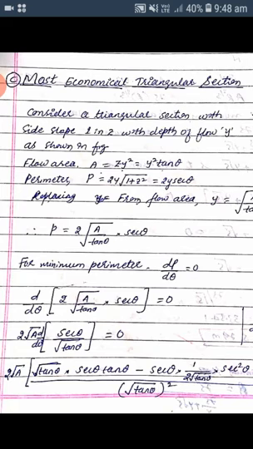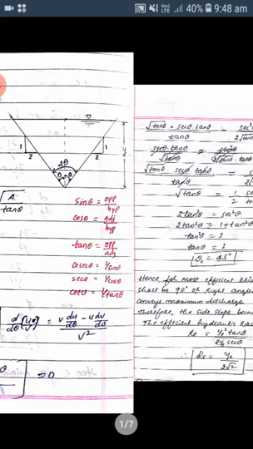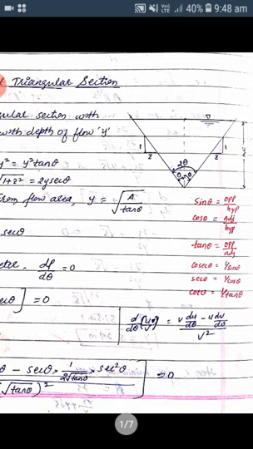Here, consider a triangular channel section. The picture shows the triangular channel section with depth of flow y, and the angle subtended at the crest or at the sill level is 2 theta, and the side slope of this channel section is 1 vertical to z horizontal.